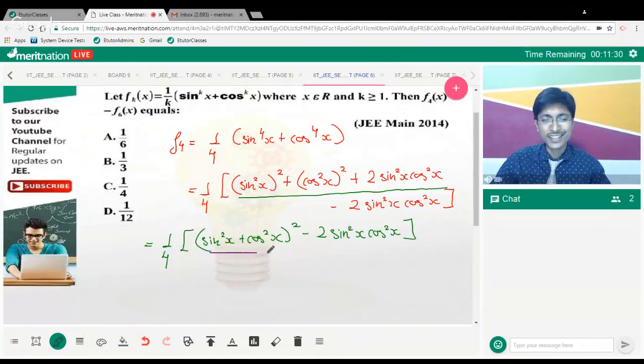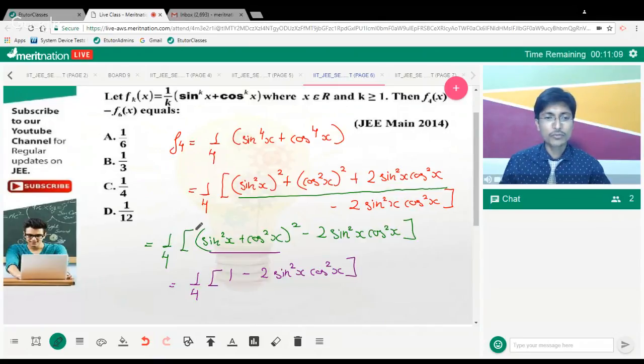What is this? Everyone knows it is 1. So I'll write it like this: 1 by 4, 1 minus 2 sine square x cos square x. We have ended up finding f4.